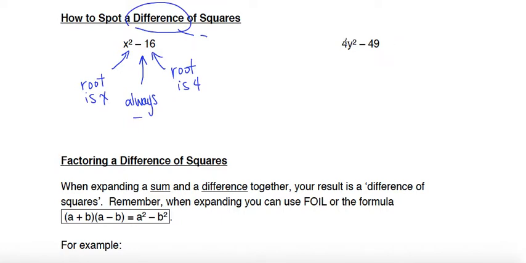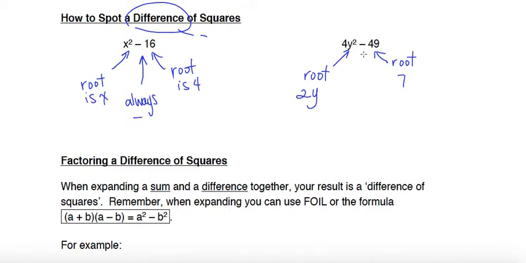So what about 4y squared minus 49? Is this a difference of squares? Well, let's see. What is the root of 4y squared? The square root of 4 is 2, and the square root of y squared is y, so that's a perfect square. And what is the square root of 49? That's 7. 7 times 7 is 49.